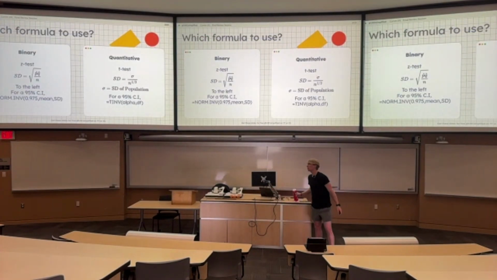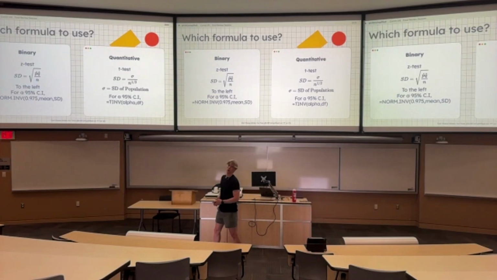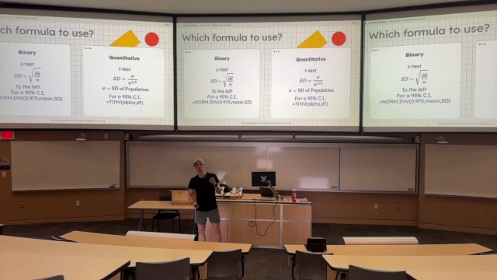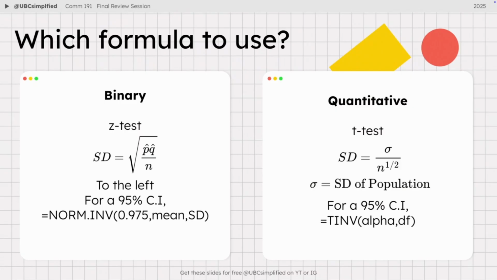Okay, a quick thing on z-test versus t-test. We use a z-test for binary data, so that's when we have p and q, like you flip a coin, yes or no. You're able to better approximate the standard deviation, through either a hypothesis test or a confidence interval, because you know the formula for variance for a binary variable, npq.